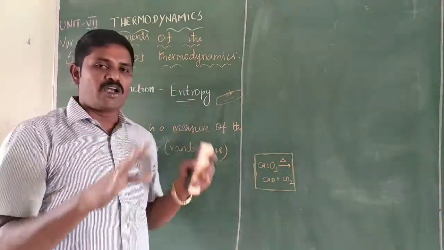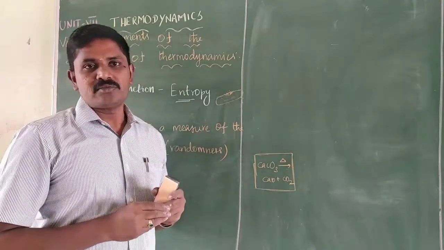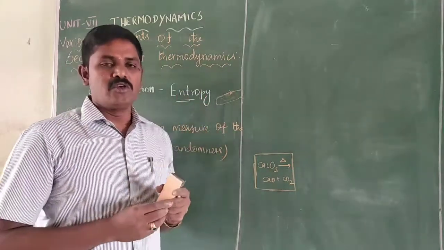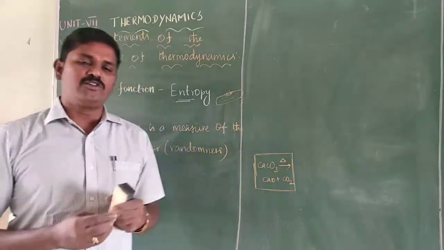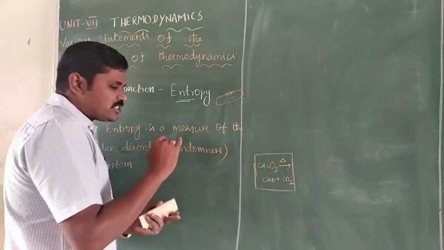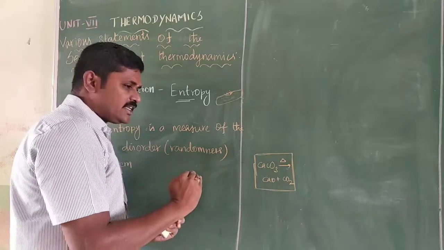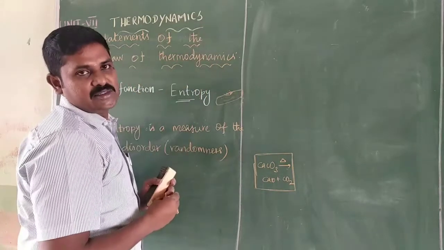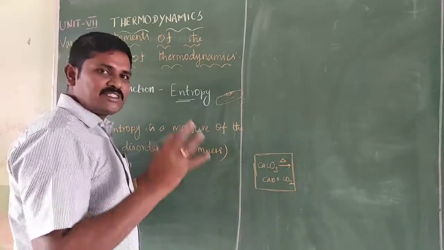In all spontaneous processes, the randomness or disorder increases, so the entropy increases. For example, the growth of a man from child to man, and the growth of a tree from a small tree to a bigger tree. In natural processes, the randomness increases.